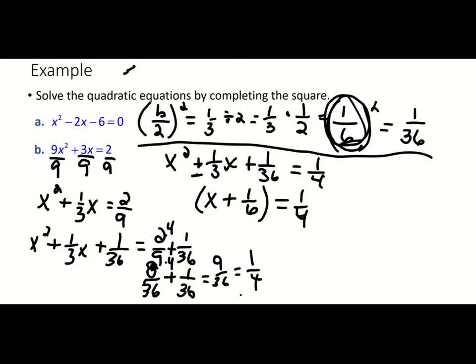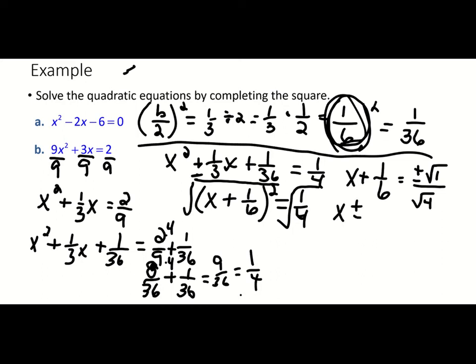And then to solve it further, and this is squared, sorry, we're going to take the square root of both sides, which is going to leave us with x plus 1/6 is equal to positive or negative, and I'm going to split it up so we can rationalize that denominator, square root of 1 over the square root of 4, which does simplify to x plus 1/6 is equal to positive or negative 1 over 2, because that's the square root of 1 and 2, or 4.